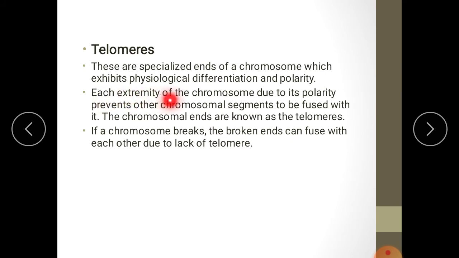Each extremity of the chromosome, due to its polarity, prevents other chromosomal segments from fusing with it. So a chromosome with telomeres won't mix with other chromosomes.